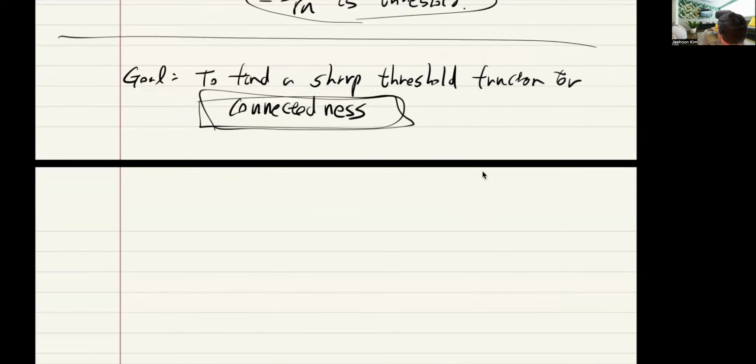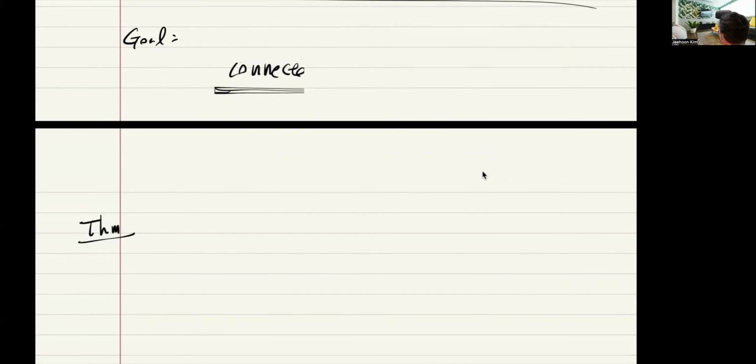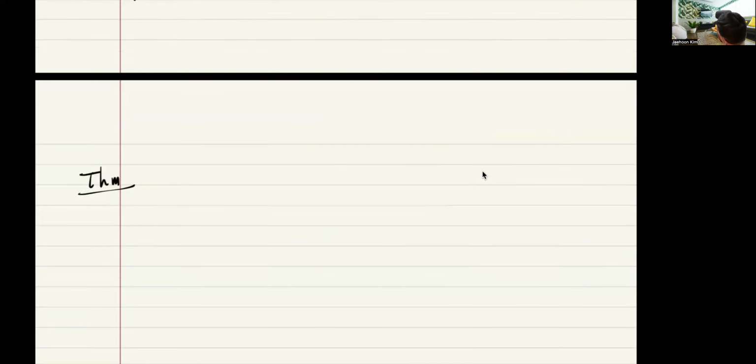As a warm-up, let's show that the threshold function must be some function that goes to 0.